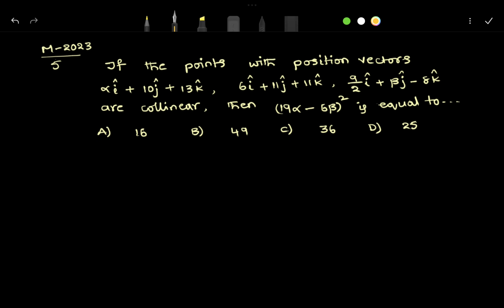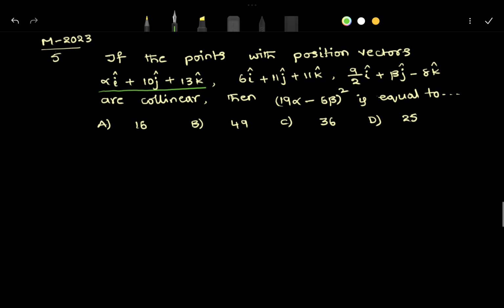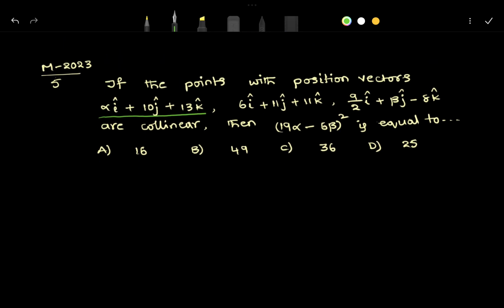See here, before going to this problem, first read the question very carefully. If the points with the position vectors alpha I cap plus 10 j cap plus 13 k cap, and 6 I cap plus 11 j cap plus 11 k cap, and 9 by 2 I cap plus beta j cap minus 8 k cap are collinear points.